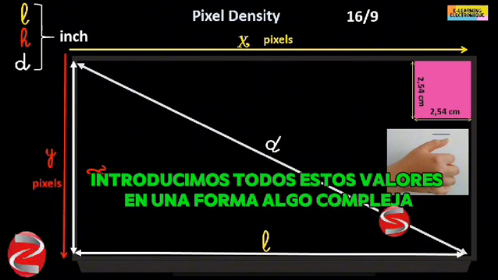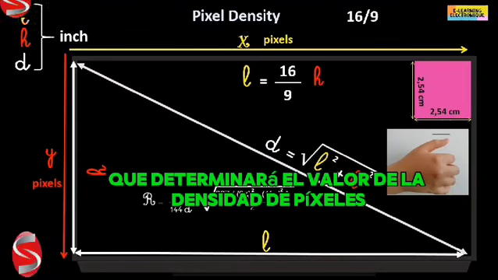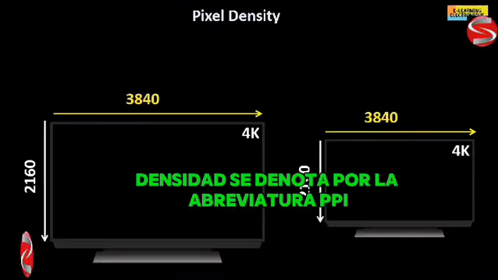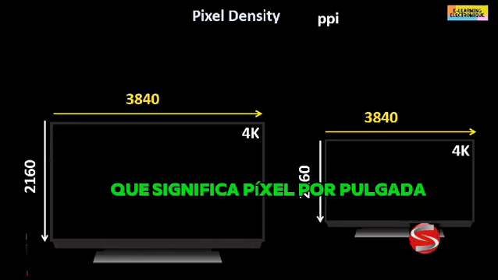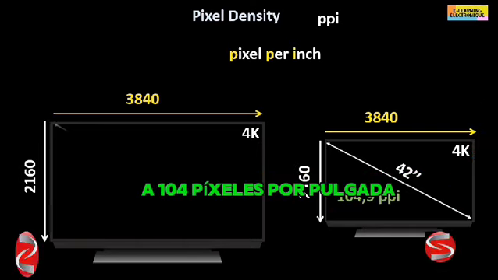We introduce all these values into a somewhat complex mathematical formula that will determine the value of the pixel density. The result of the pixel density is denoted by the abbreviation PPI, which stands for pixel per inch. In this example, the 42-inch screen has a resolution value of 104 pixels per inch.